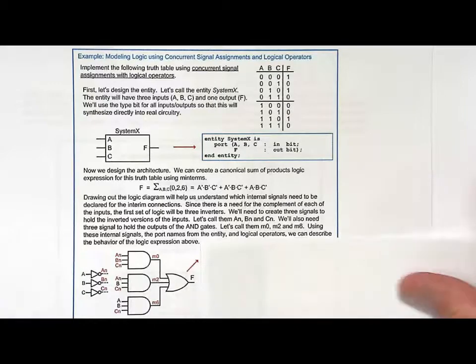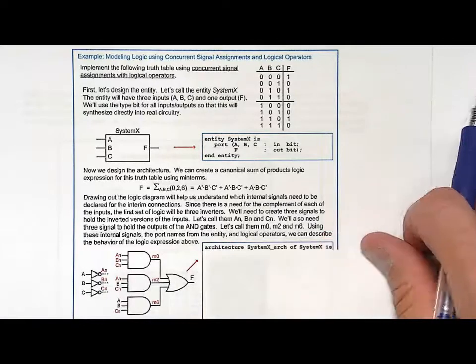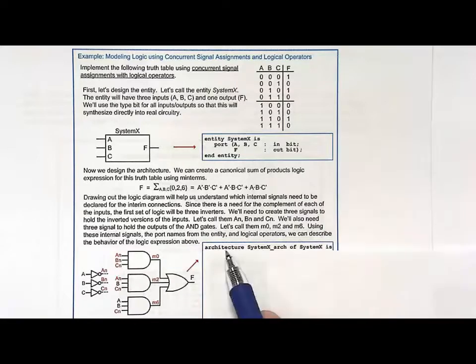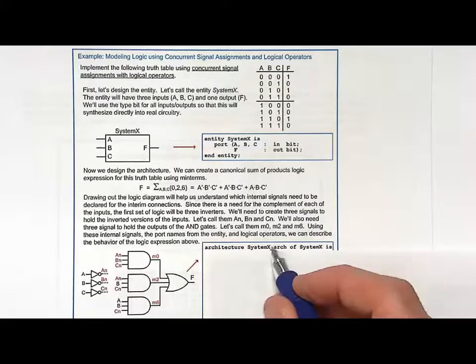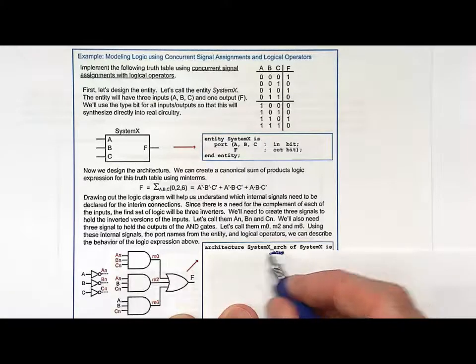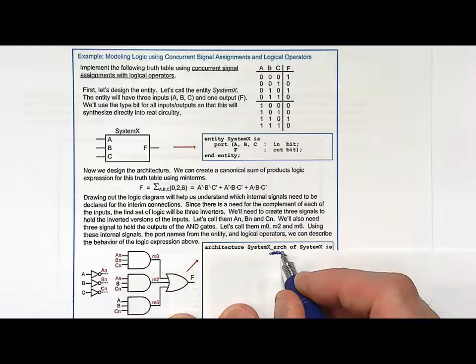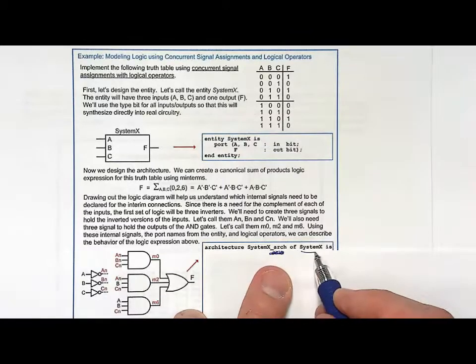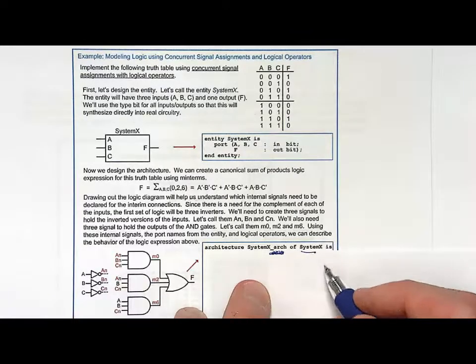So let's look at what the architecture would look like. The first thing in the architecture is you go architecture systemx of systemx. So I actually put in here systemx_arc to give it a unique name. And I said of systemx, that systemx is the entity. Then I say is.